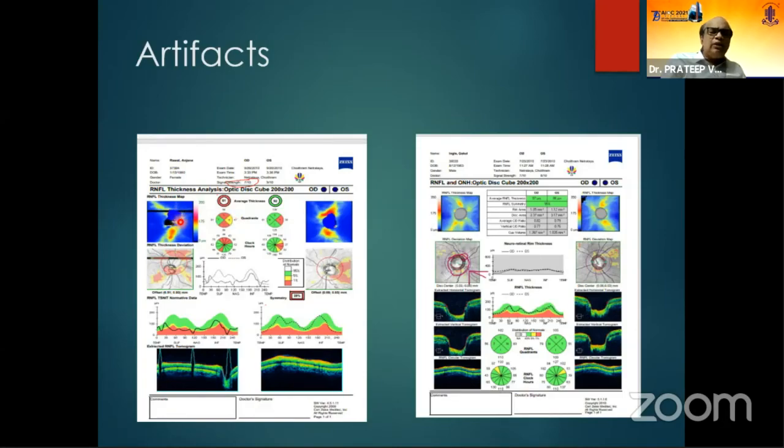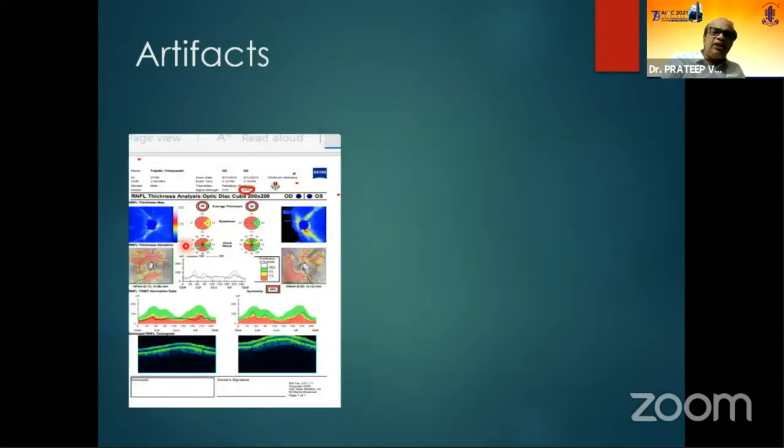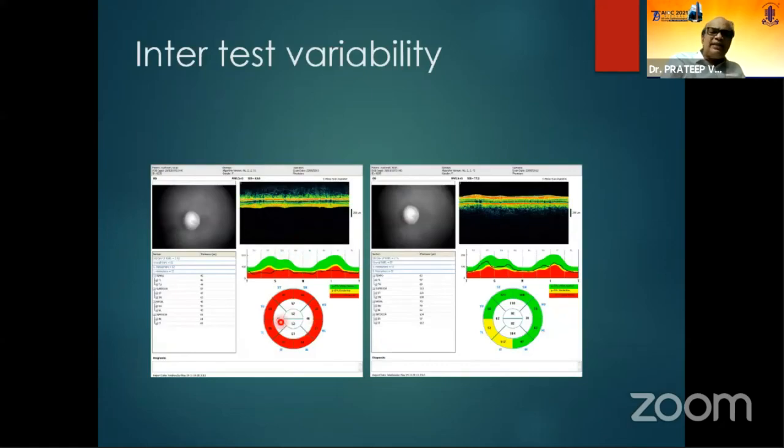And once you do not capture the image properly, then obviously the disc is totally decentered. Though it's a very good map, you can still see that there are lots of defects in the superior nerve fiber layer because the disc is decentered. Here you can see that it's a blinking artifact, and you can see a red disease over here.